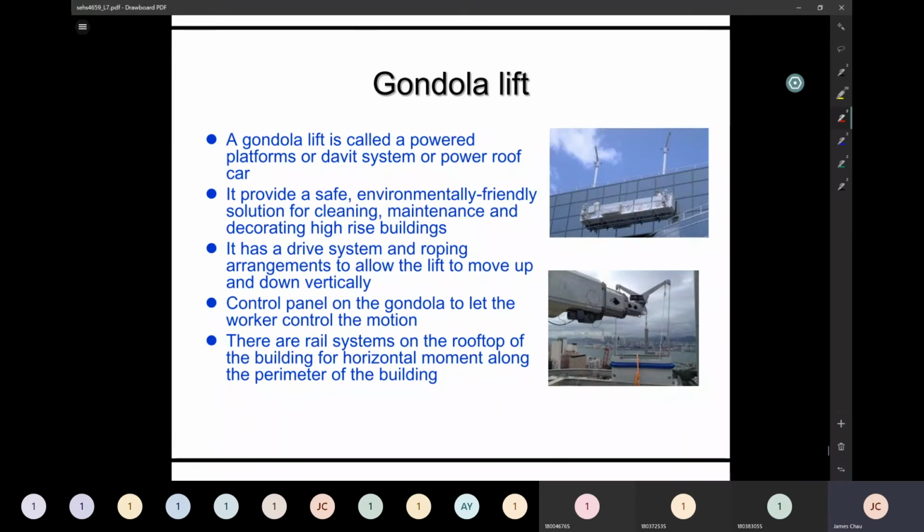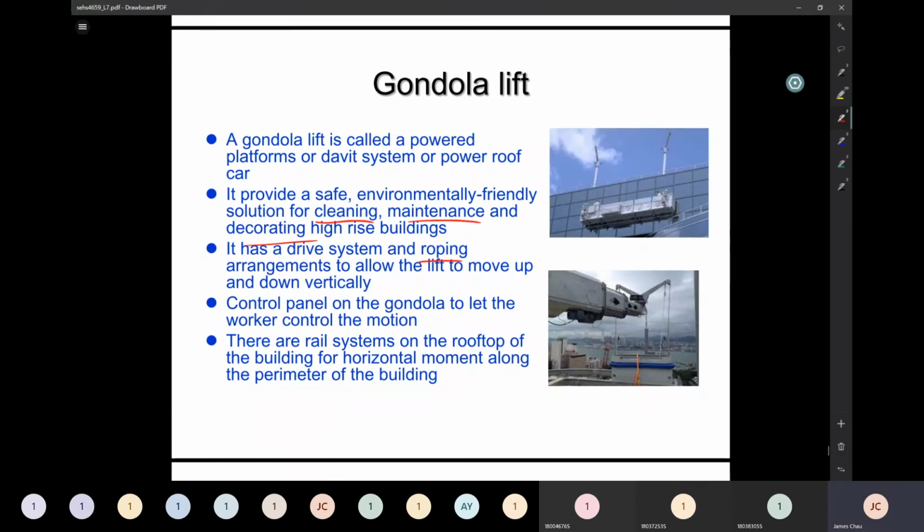It is a vertical lift, usually installed at the roof of the building, and it is used for cleaning, maintenance, and decorating in a building. And actually, it uses two ropes to move the lift up and down.